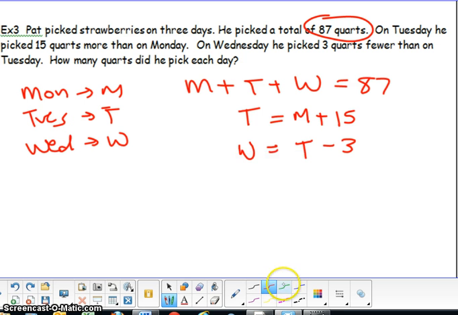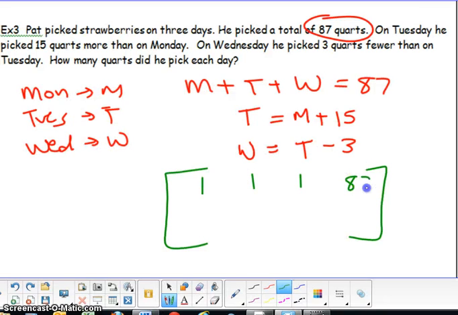Okay, in the matrix, the first one's easy, 1, 1, 1, 87. The next two, we're going to have to move the M over to the other side, so that's going to give us negative 1, 1, 0 for Wednesday, and 15 for the number. And then again, T is going to have to move over, so that's giving us 0 for M, negative 1 for T, 1 for W, and negative 3 for the number.